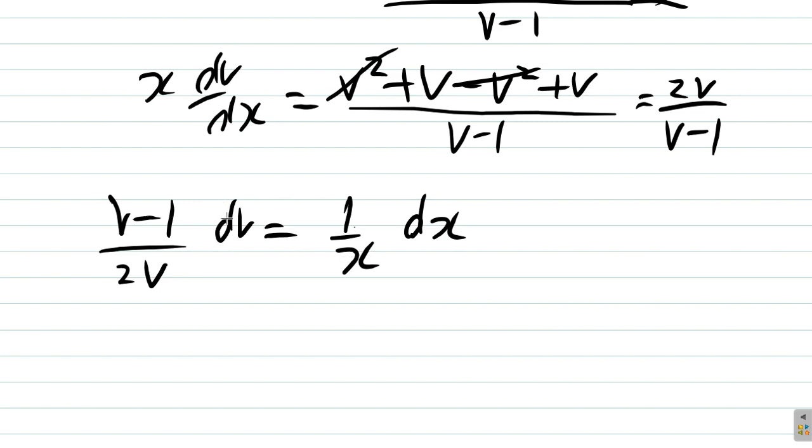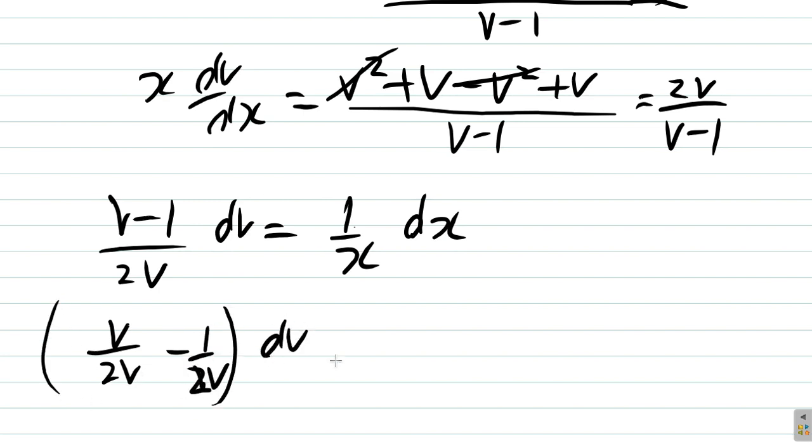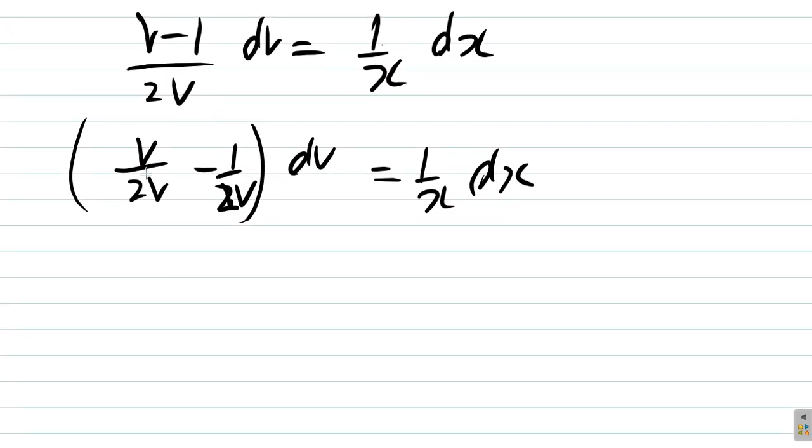Okay. Oh, by the way, this, you see, can be written as V over 2V minus 1 over 2V dV. All of this dV equal 1 over x dx. But V cancel V. So this becomes half. So 1 over 2 minus 1 over 2V here.